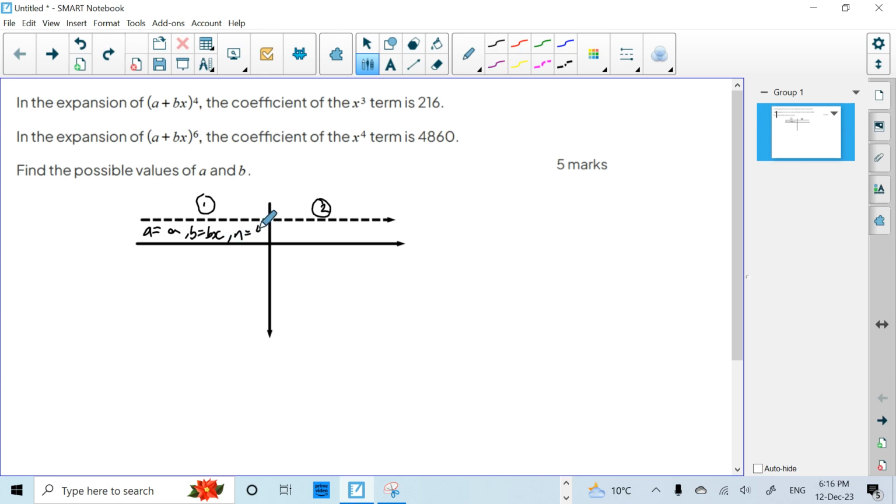In our second expansion, same: a is equal to a, b is equal again to bx, and this time n is equal to 6. In both cases, we are looking at r, the term. r is equal to 3 in the first instance, and r is equal to 4 in the second.